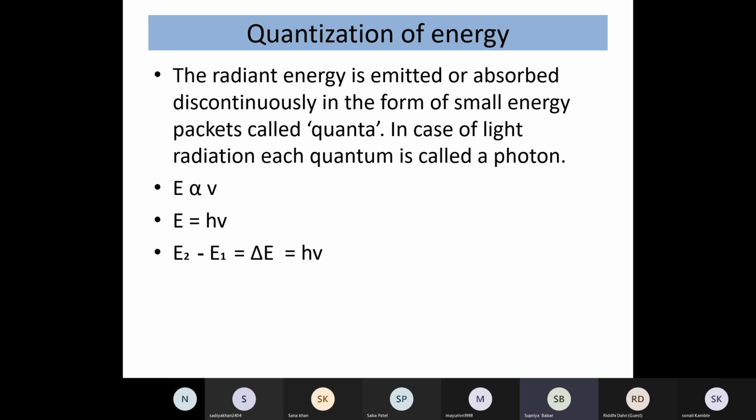It means the first energy state is E1, and after absorbing energy it goes to the E2 state. The difference between them, delta E, is equal to h nu. So this energy is also quantized.